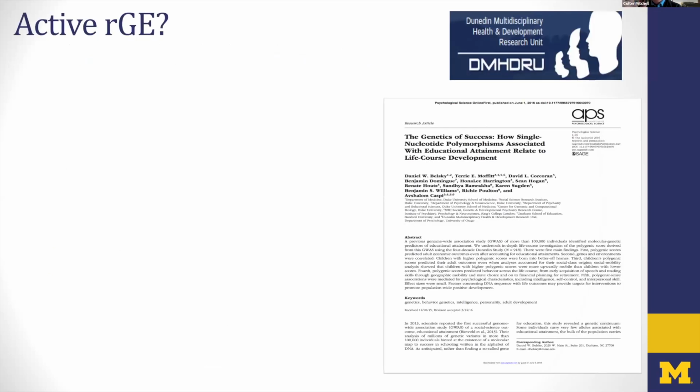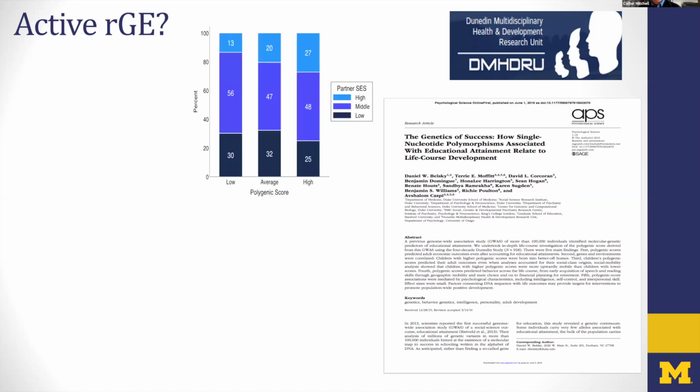Here's one example from the Dunedin study, which is in New Zealand, where they just created a genetic score of education, just predicting how far you would go in school. That was what it was designed for. But then they ended up showing that those genes also predicted what type of partner you married. So that's kind of related to fertility often.